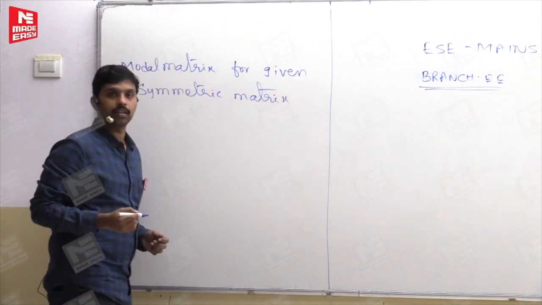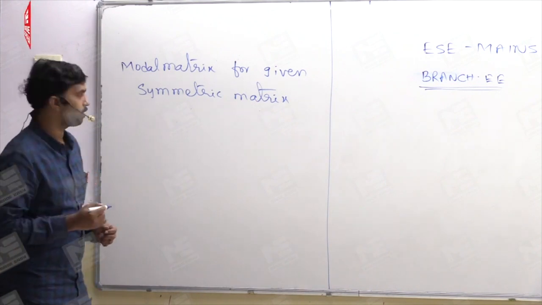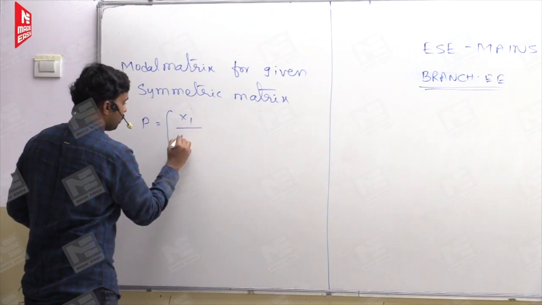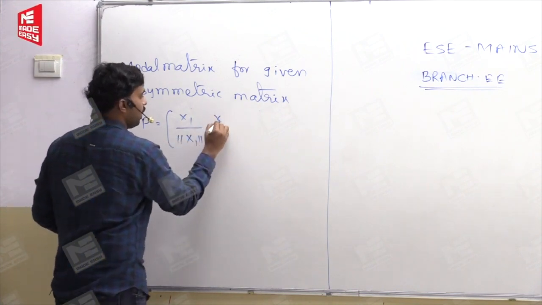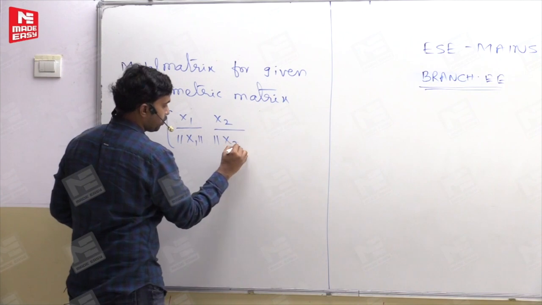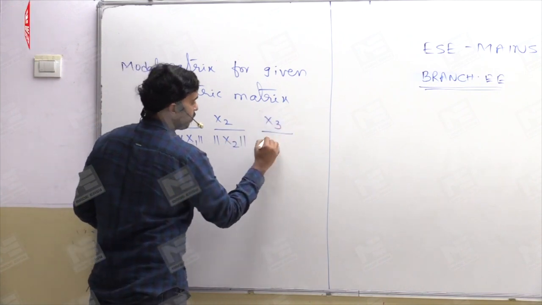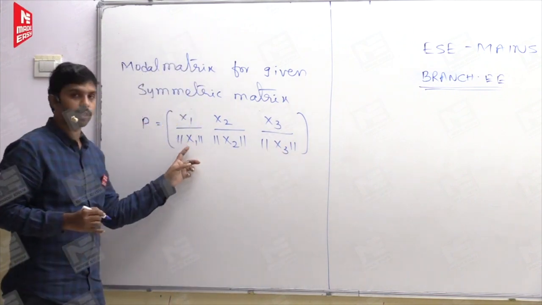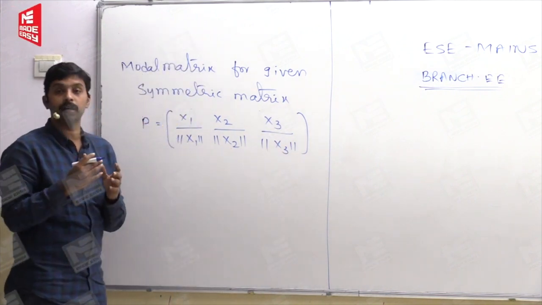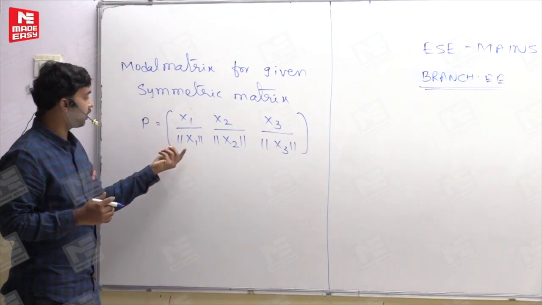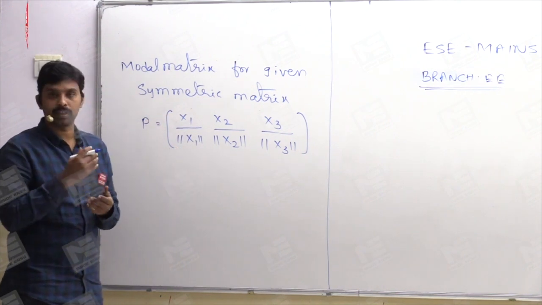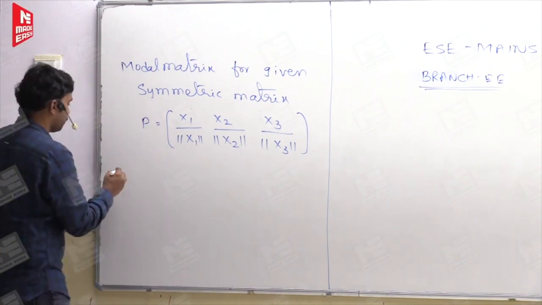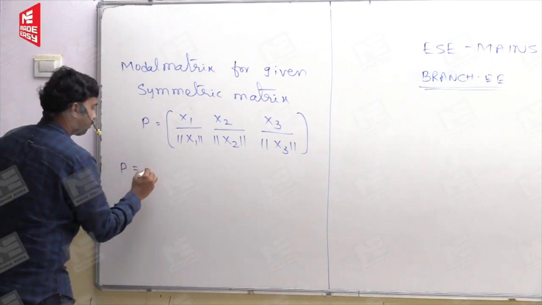Actually we take the model matrix for the symmetric matrix as P is equal to x1 by norm x1, x2 by norm x2, x3 by norm x3. Here norm x1 is nothing but, if x1 is a vector, the length of the vector, so it's a modulus value, right? That we will take here.